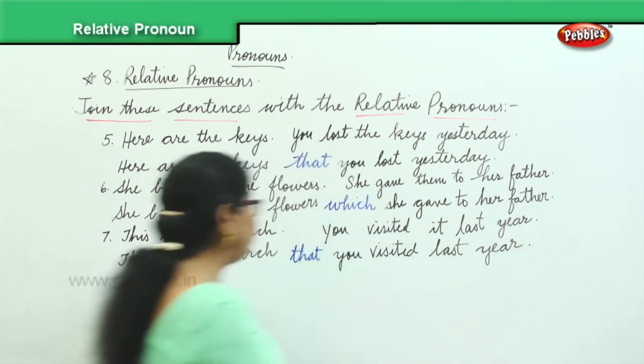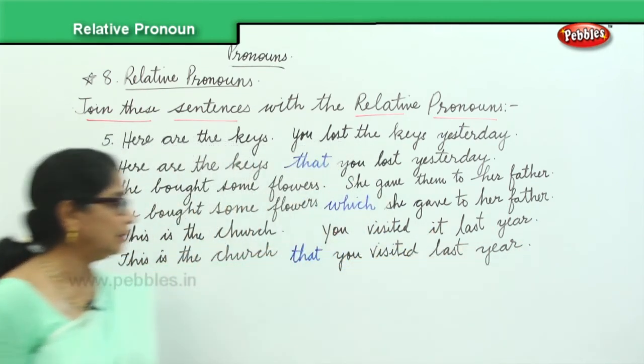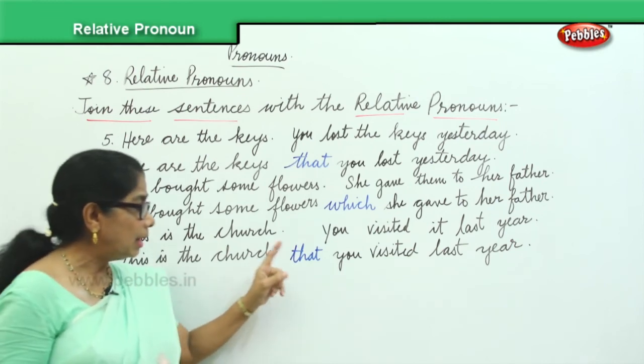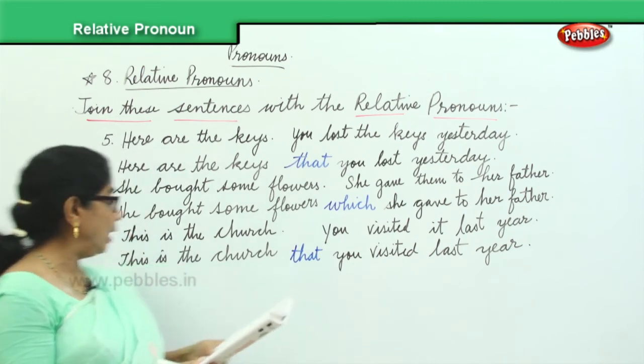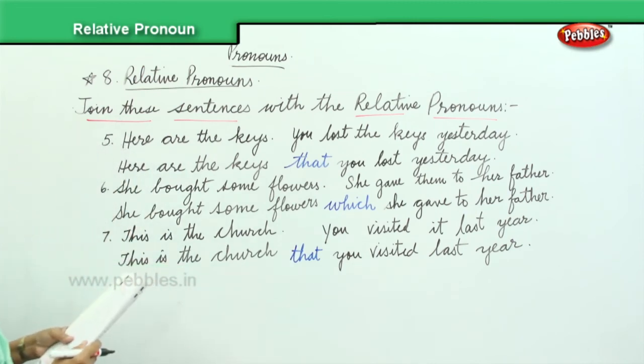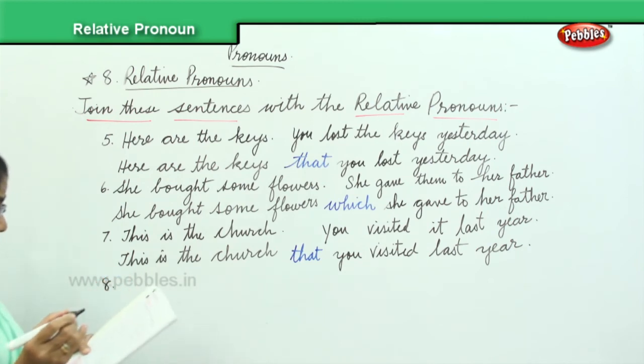Read it once more. This is the church. You visited it last year. This is the church that you visited last year. So we have done 7 sentences. Now, the 8th one.